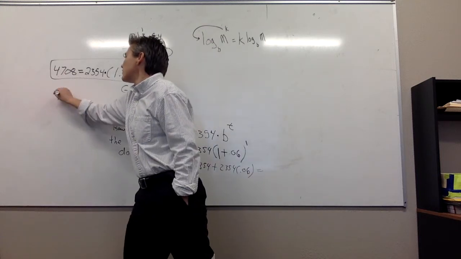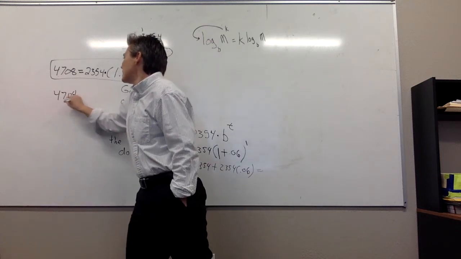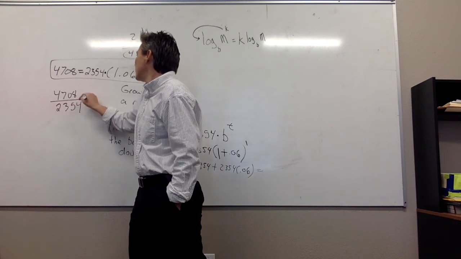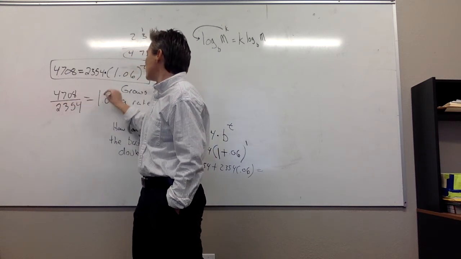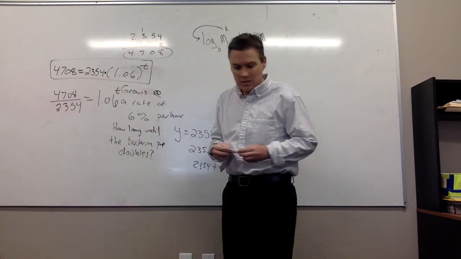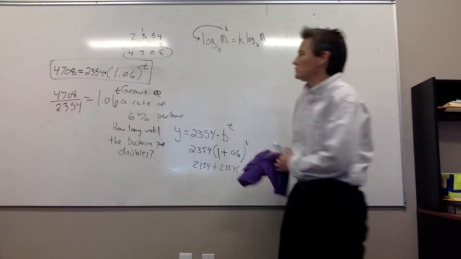So I'm going to have 4,708 divided by 2,354, equivalent to 1.06 to the power of t.